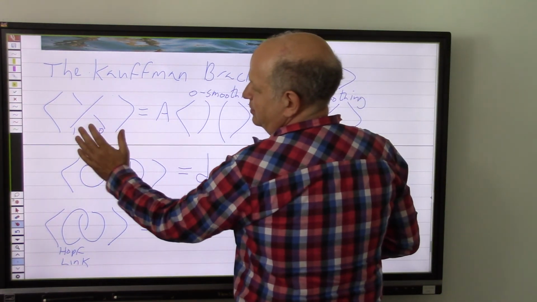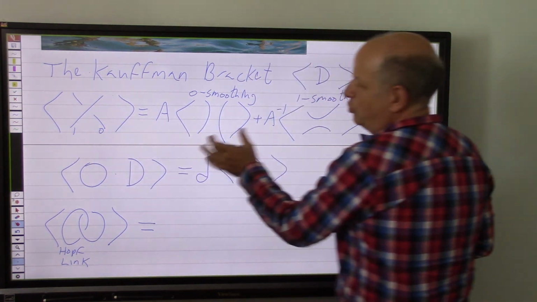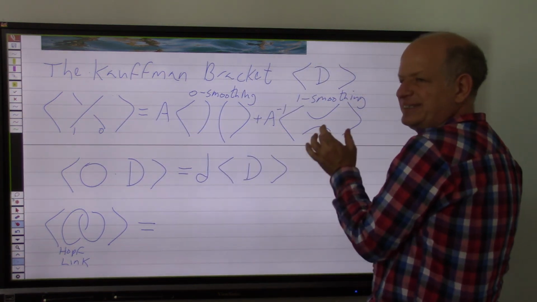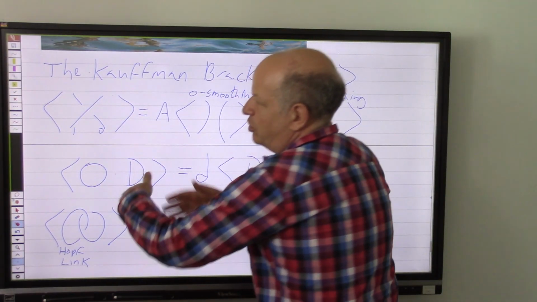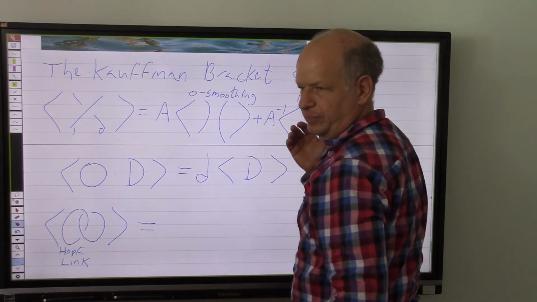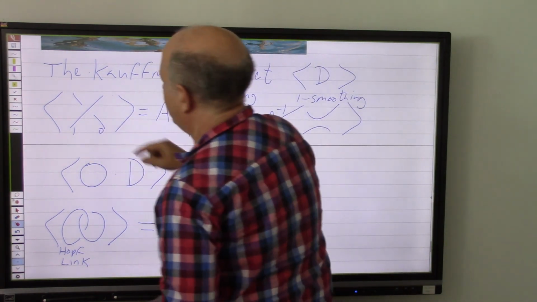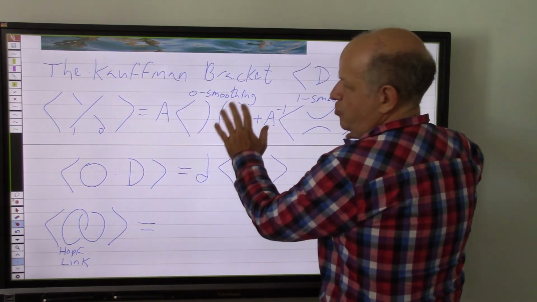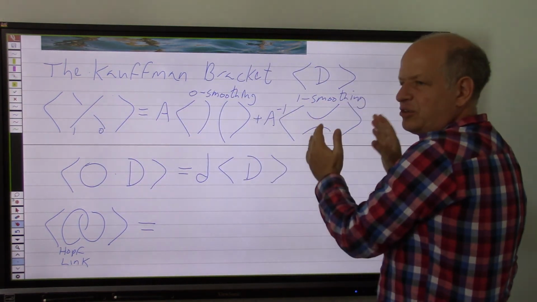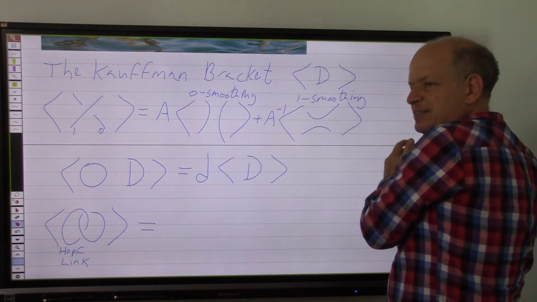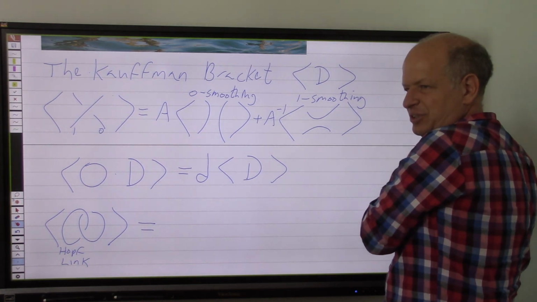I am drawing what you do in the vicinity of a single crossing. But this crossing is connected to the rest of the knot. And when I draw these pictures, I am telling you what happens near the crossing, nothing happens in the rest. Okay?